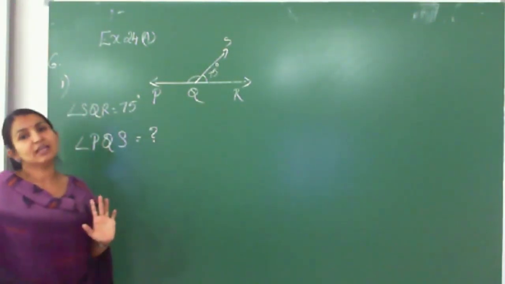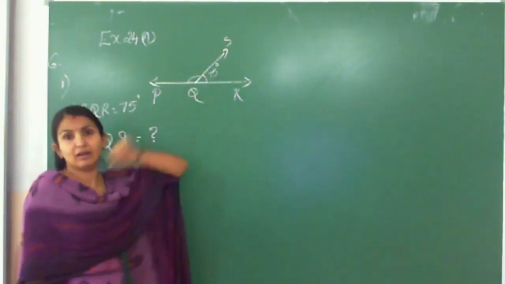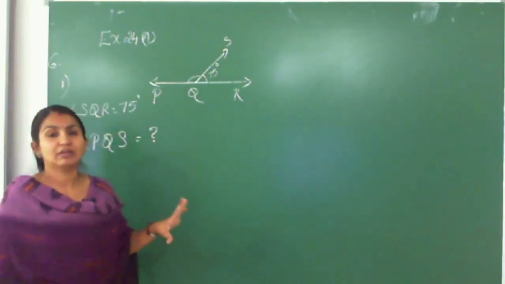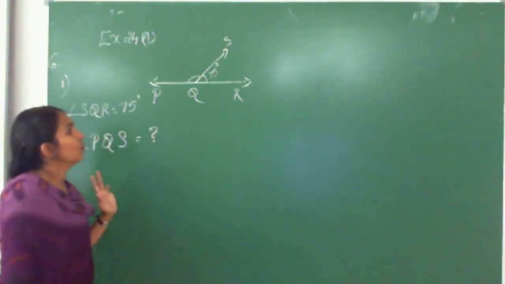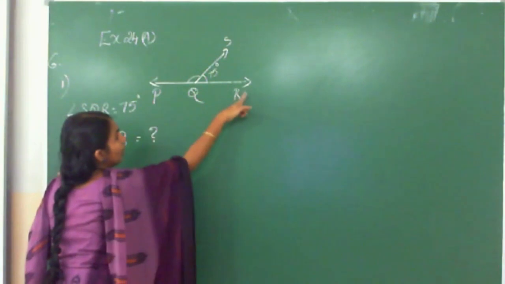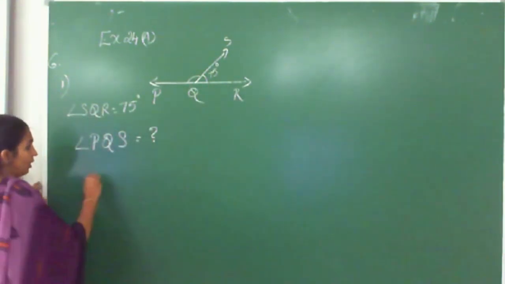So what all things are given here? Only one angle? Just check the question thoroughly. One more angle is given. What is that angle? It is angle PQR. What is angle PQR?